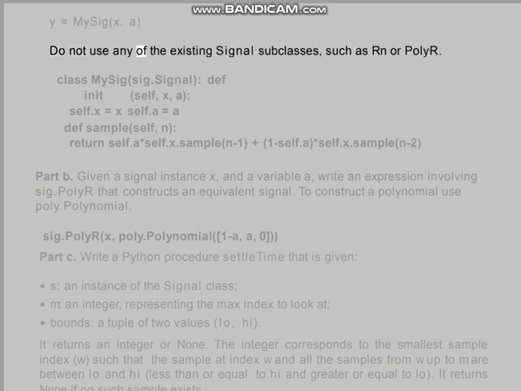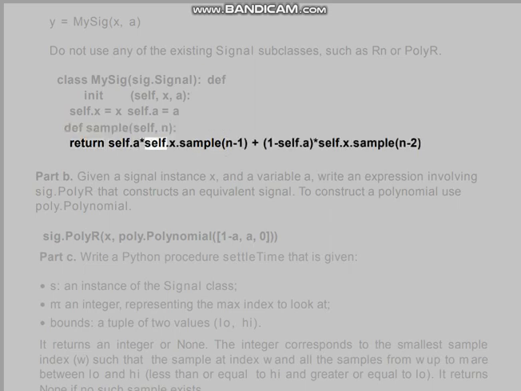Do not use any of the existing signal subclasses, such as R or PolyR. Class MySig(Signal): def __init__(self, x, a): self.x = x; self.a = a. def sample(self, n): return self.a * self.x.sample(n-1) + (1-self.a) * self.x.sample(n-2).